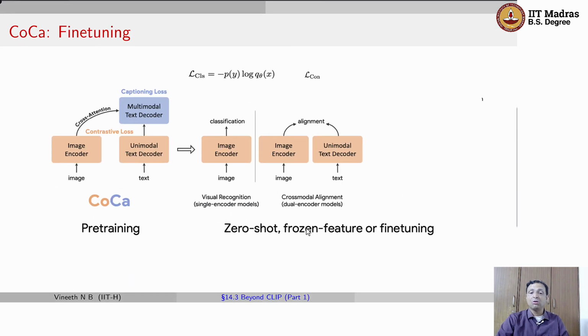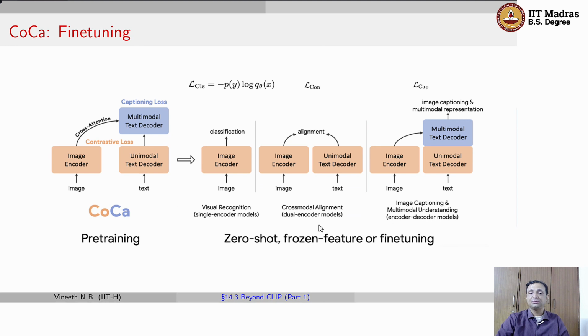It can be used for a cross-modal alignment kind of a task. So in this particular case, it was just an image encoder which is used for image classification. They show now that you could just use these two trained components and align the text and images, and that is trained using a contrastive loss. And they also show that you could put all of them together and then train using the captioning loss, right? So you can serve multiple purposes through the same approach.